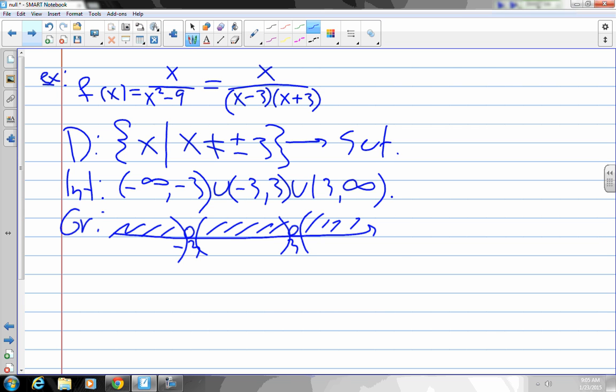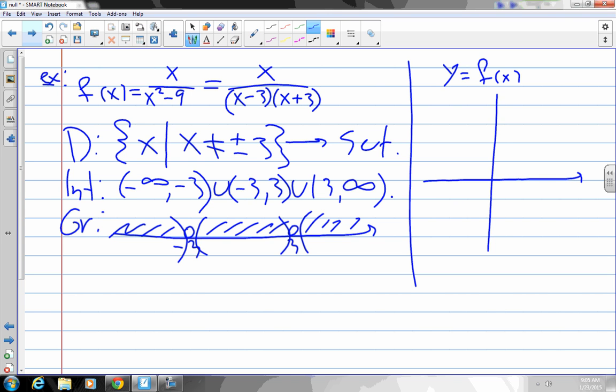But the graph of a function, if you ask to graph this whole thing, remember how to do that? We did that in algebra, chapter 4, graphing rational functions, right? What is the x-intercept here?